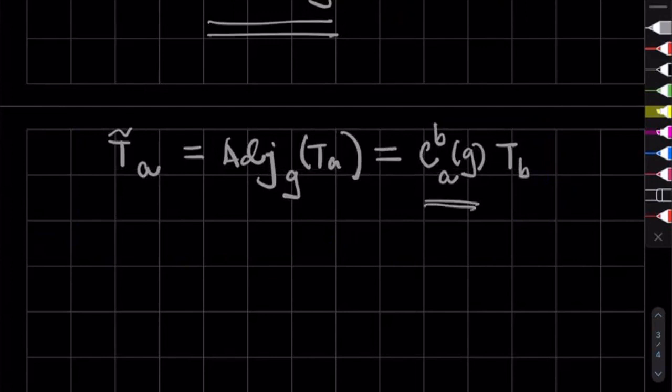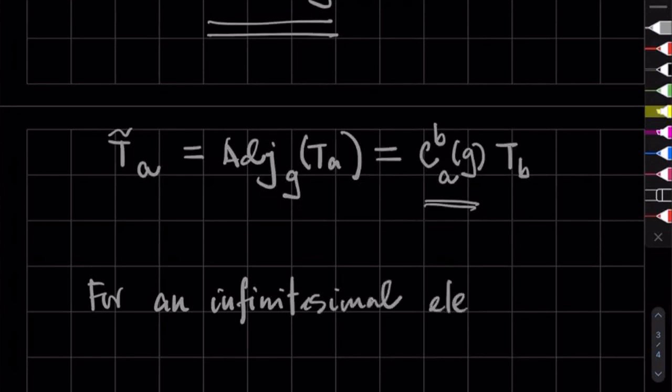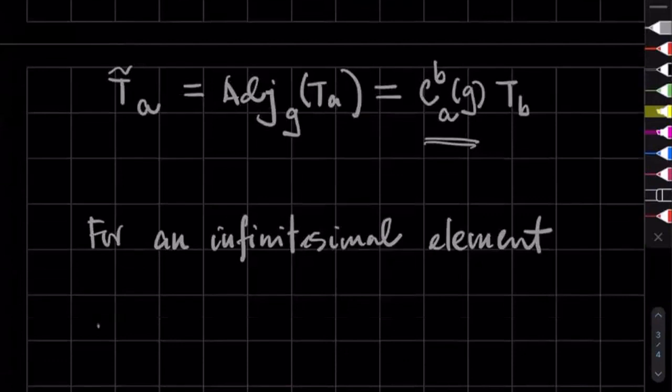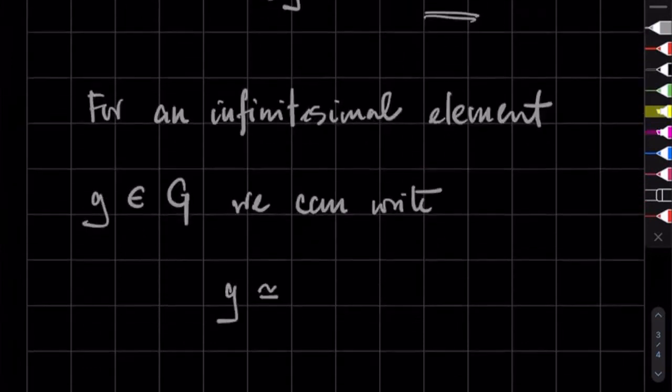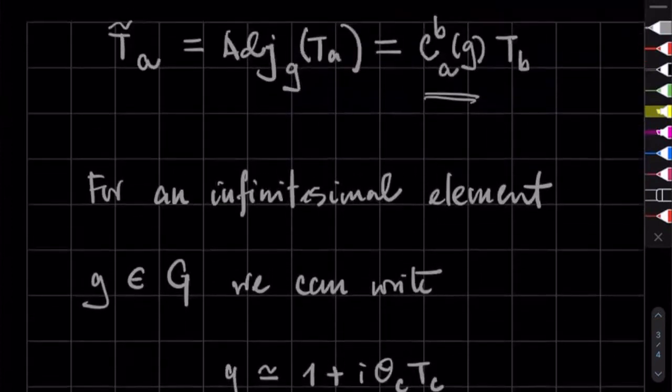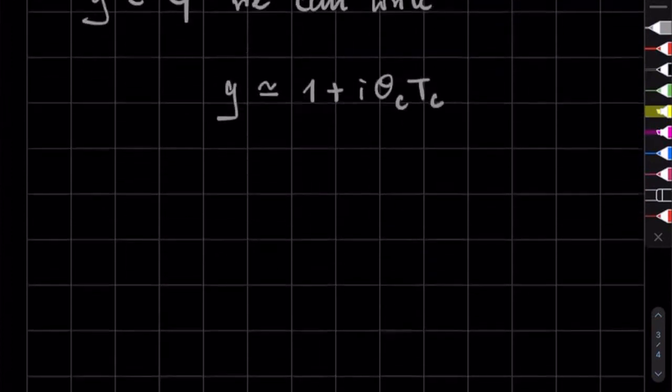Now, let's take an infinitesimal element of the group, say small g of G. We can write g as 1 plus i theta_C T_C, right? Because C_AB is a function of g, we can do a Taylor expansion.